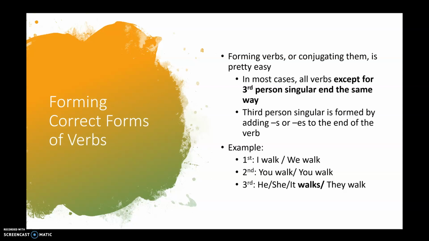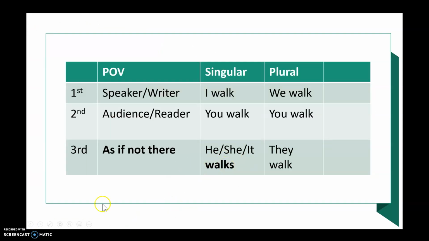So for example, we're continuing with walk. In first person singular and plural, it's walk. I walk, we walk. Second person singular and plural. You walk, you walk. Third person plural, same as the others, they walk. Third person singular is the outlier, he, she, it walks. There's an S on the end, which is why in this last slide, this is in bold.